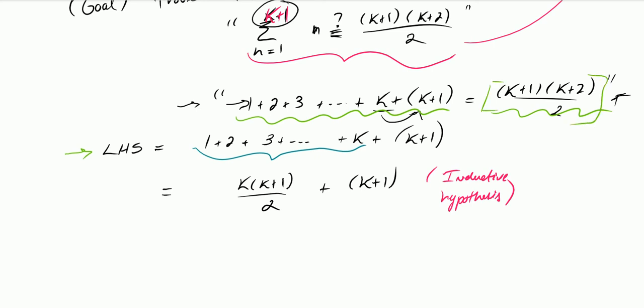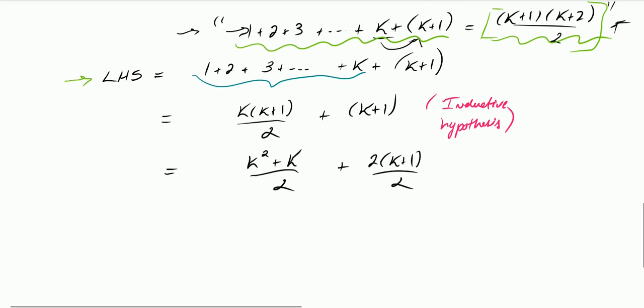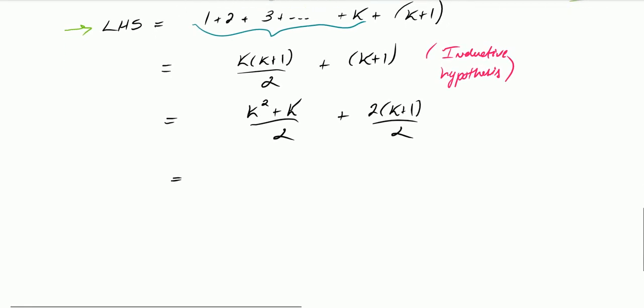Let's start by doing some foiling. That's k squared plus k over 2, and let me put the second term on the same denominator, so 2 times k plus 1 over 2. Now let's add those two together: k squared plus k plus 2k plus 2 over 2.